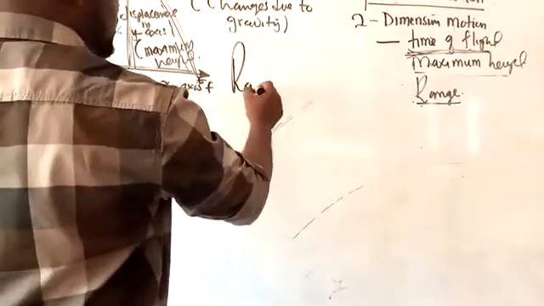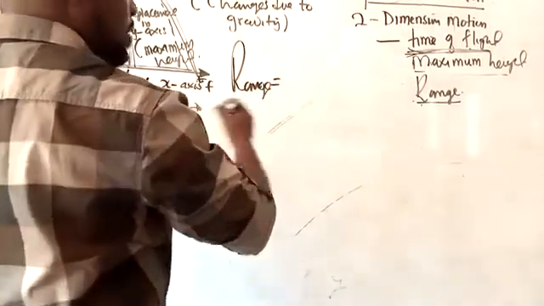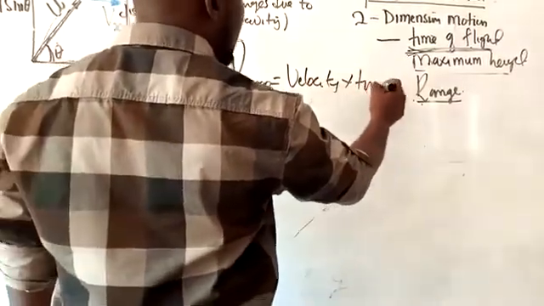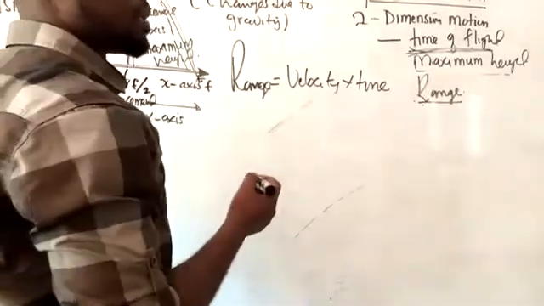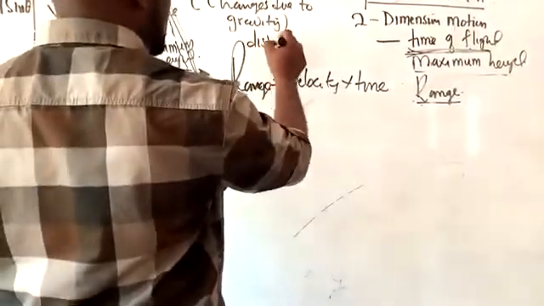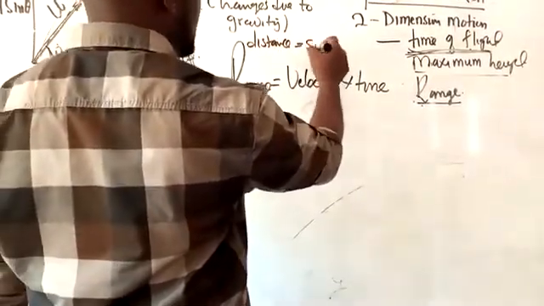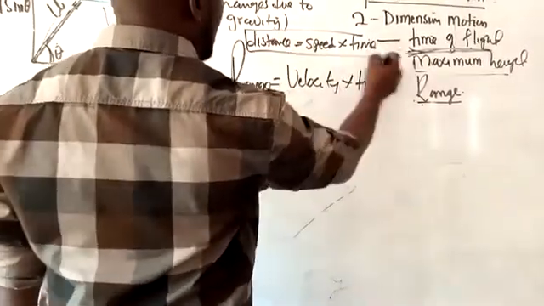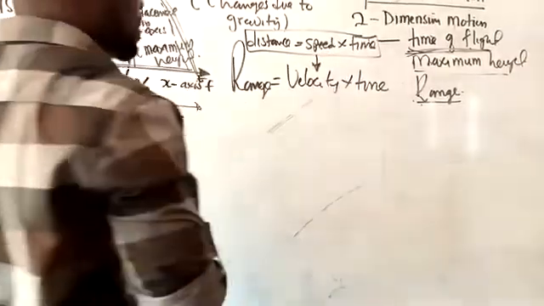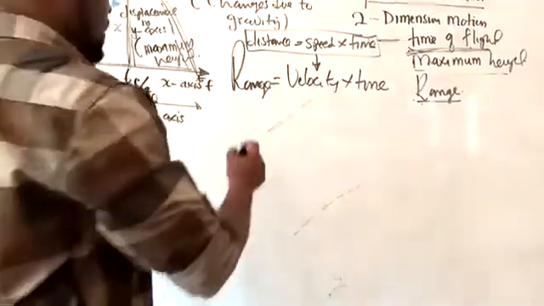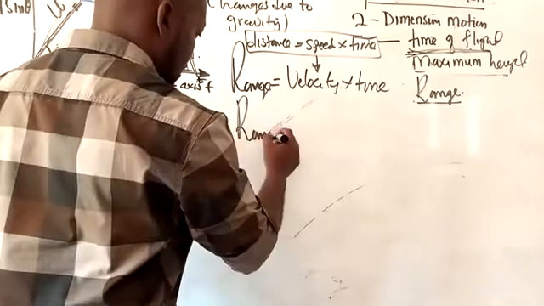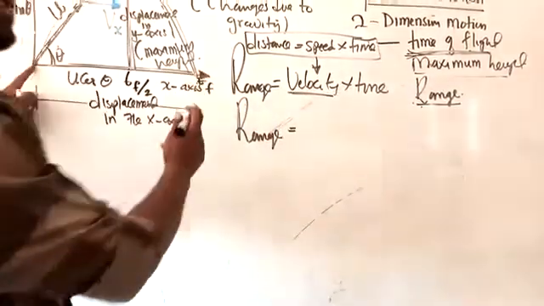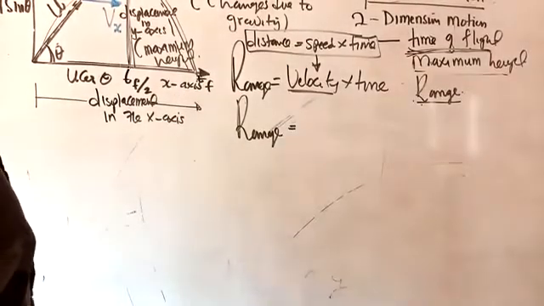Remember, we say the range because it's displacement, so we're going to have velocity multiplied by time, from the basic physics that says distance is equal to speed times time. If you remember this, then it will be easier to remember that as well. It's one and the same. So we have our range being equal to the velocity in the x, because we said it's horizontal displacement.